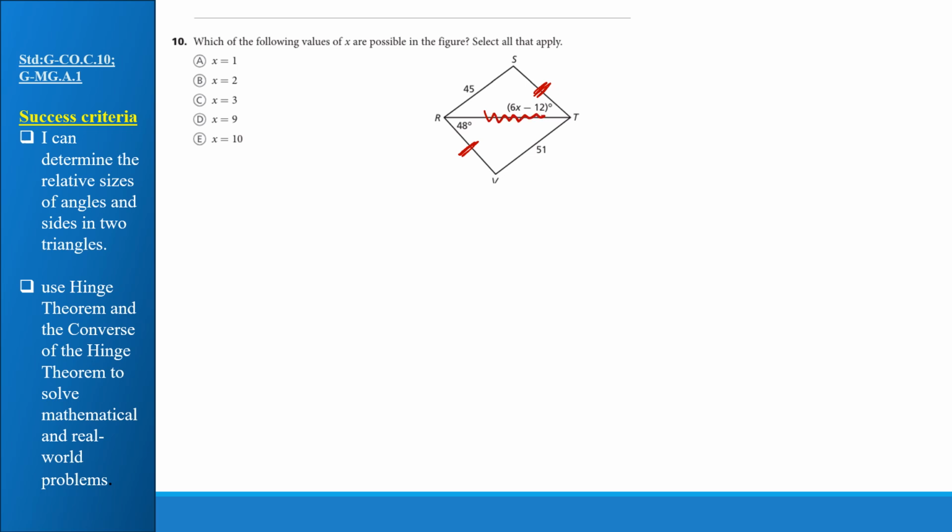Now what are the included angles? The included angle of this side is 48, and the included angle of this one is 6x minus 12. So I am writing here 48 degrees and 6x minus 12. In order to compare them, I have to check the opposite sides. Opposite to 48, the side is 51.